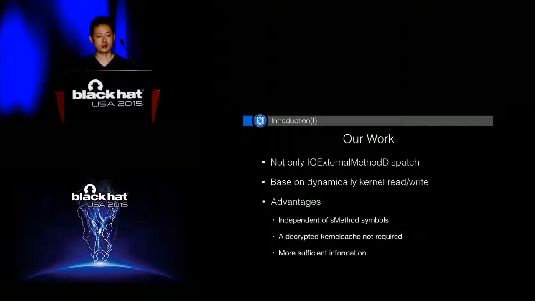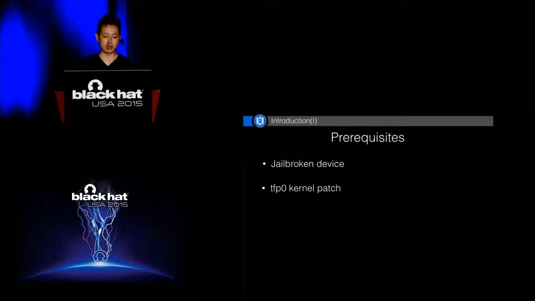What's more, we are independent of symbols and a decrypted kernel cache, and more sufficient information can be obtained. Before our work, there are two prerequisites listed here: you need a jailbroken device and task_for_pid 0 kernel patch.